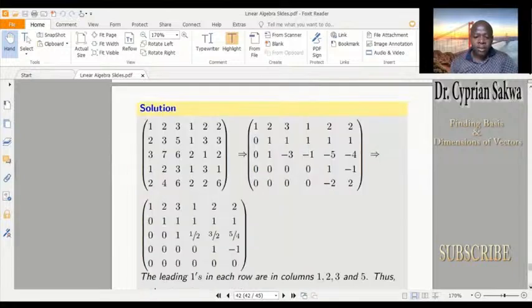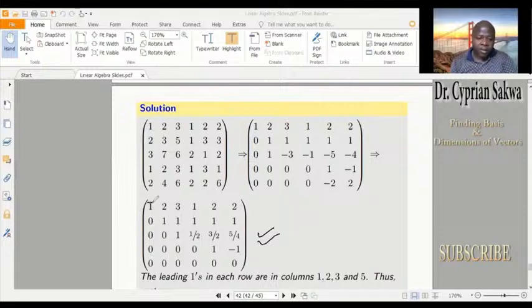So when I reduced to echelon form, what I got was this as my final matrix. Remember that the vectors were arranged in column form. So we would identify the leading ones and choose the vectors in the original columns. The vectors in the original columns become the basis.